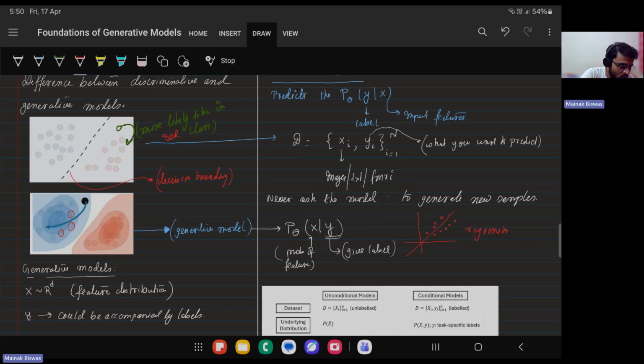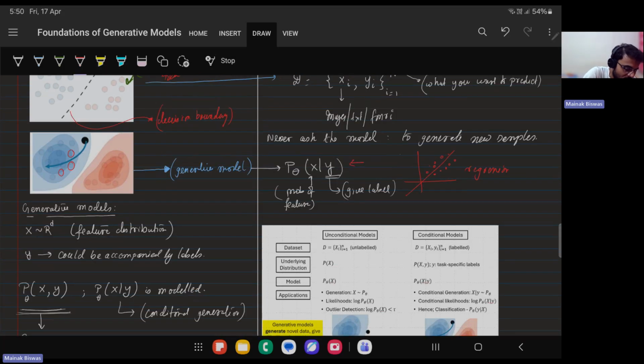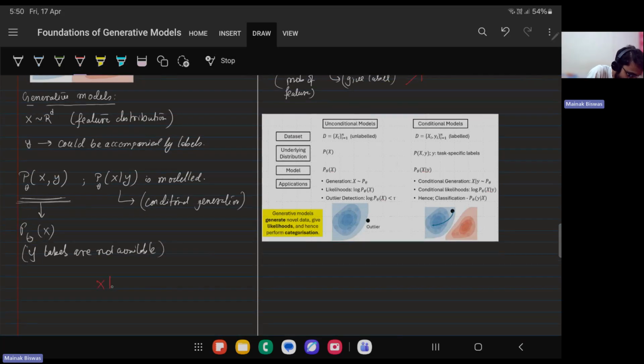And once you learn this distribution, you can always sample new points from p theta of x given y.